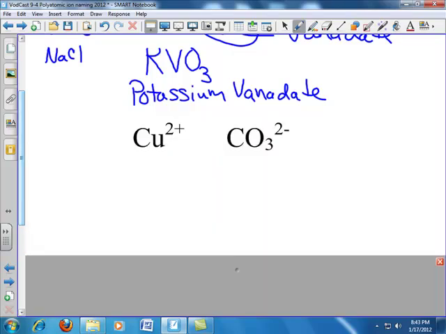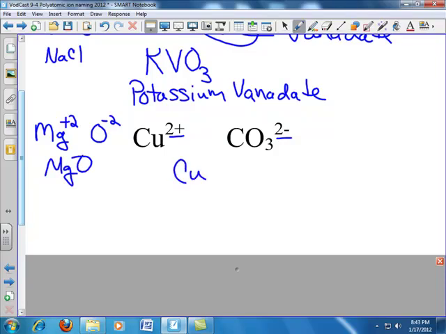Here's another one. First of all, I want to get the formula of this. And I have a +2 and a -2. So how do you suppose we'll put these together? No different than if I had a +2 Mg and a -2 O, I would just put those together as MgO. Well, if I have a +2 Cu and a -2 CO3, I just put them together as CuCO3.